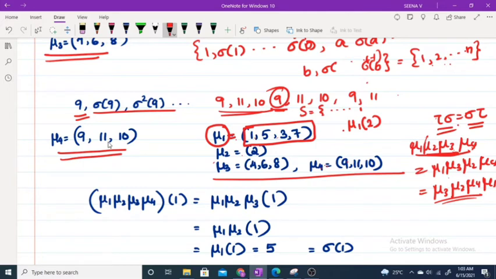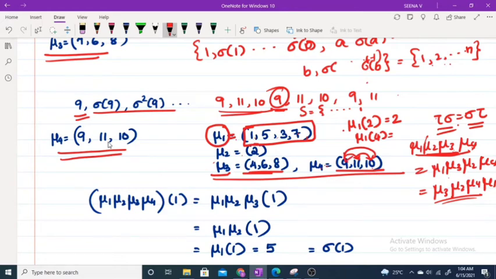That means under mu1, 1 goes to 5, 5 goes to 3, 3 goes to 7, and all other elements remain fixed. That means mu1 of 2 is equal to 2, mu1 of 4 is equal to 4, like this. Here also, under mu3 all elements other than 4, 6, 8 are fixed. Under mu4 all elements other than 9, 11, 10 are fixed, and 9 goes to 11, 11 goes to 10, and 10 again goes to 9.